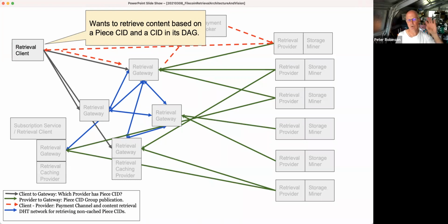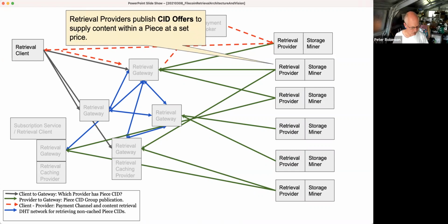And so that's what you're going to be trying for. So you're going to be trying to work out where that piece is stored in the system and on which storage miners it's stored. And so associated with each storage miner, you'll have a retrieval provider.